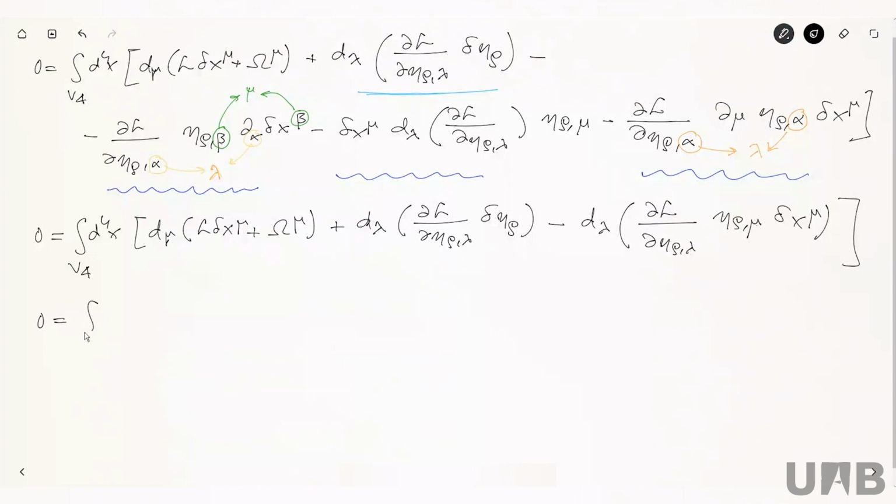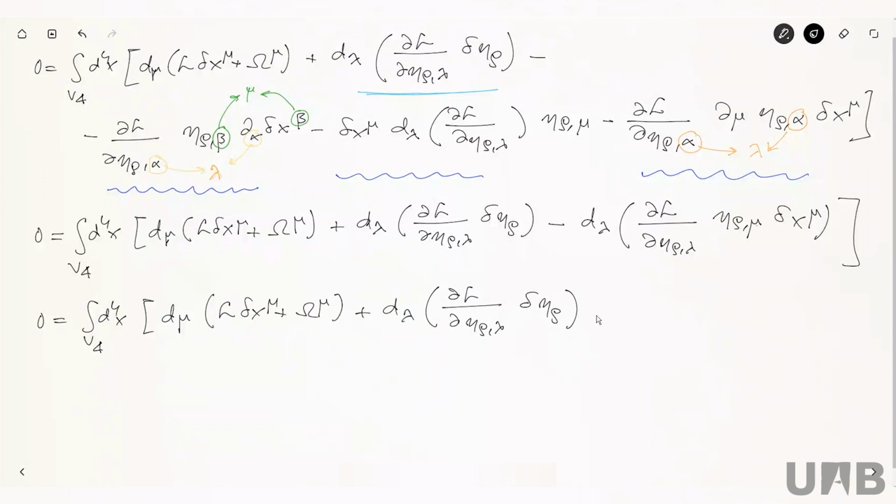Integral d4x, and this is d mu, and now L delta x mu plus omega mu, so I'm still writing the same, and now I'll do the last change. dL d eta rho comma lambda delta eta rho minus d lambda dL d eta rho comma lambda eta rho comma mu delta x mu.